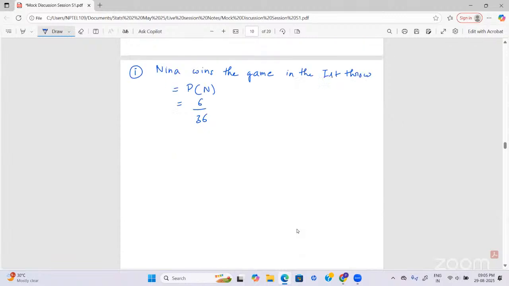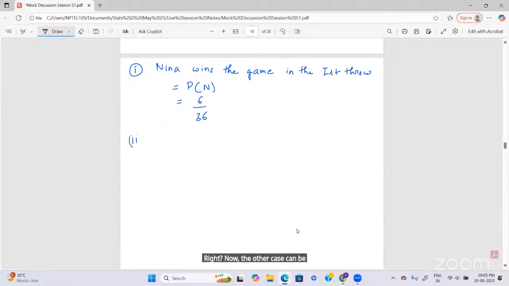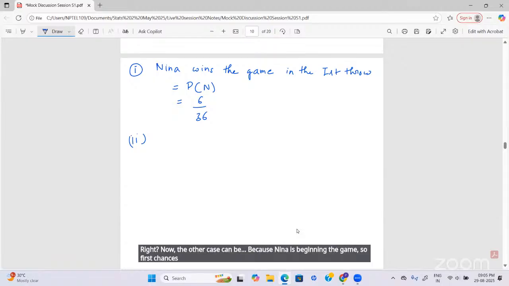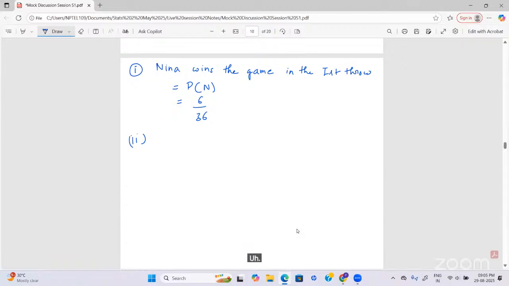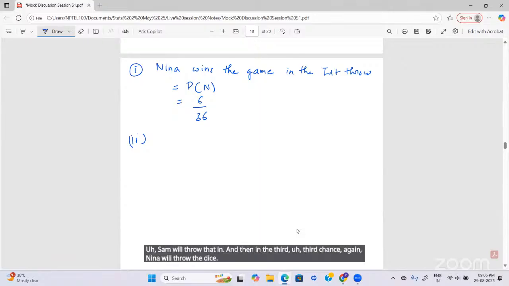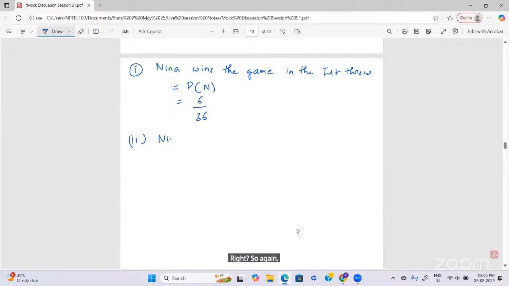Now the other case can be, because Nina is beginning the game, the first chance is Nina. In the first, Nina will throw the die. Then in the second chance, Sam will throw the die. And then in the third chance, again Nina will throw the dice. So again, Nina can win the game.